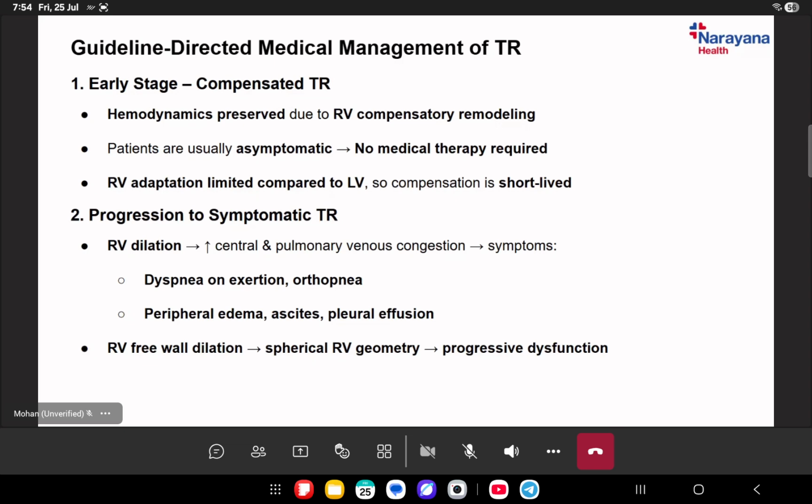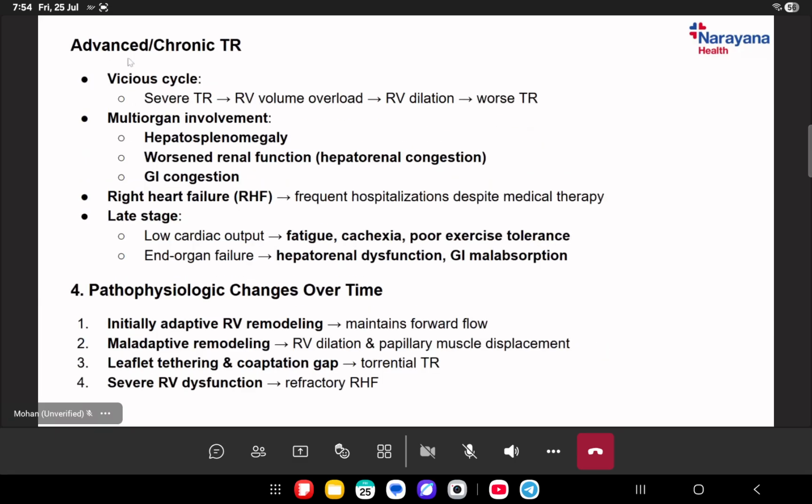RV free wall dilatation causes spherical RV geometry and progressively causes dysfunction. In advanced chronic TR, the same vicious cycle continues and end-organ involvement starts with hepatorenal dysfunction.